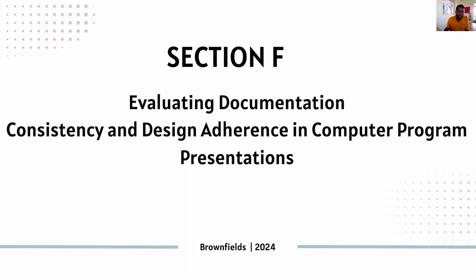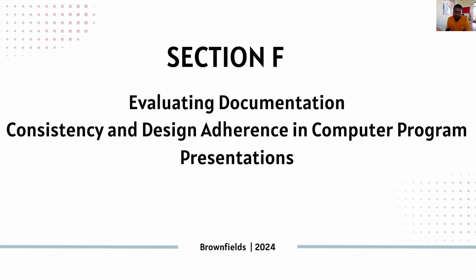Evaluating documentation consistency and design adherence in computer program presentation. So, in system development, documentation is written information that explains how a program or a system is designed. It includes guides, technical details, and comments in the code, helping developers and users to understand how the software works.